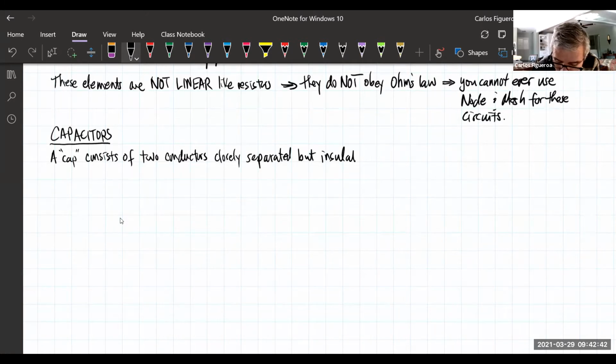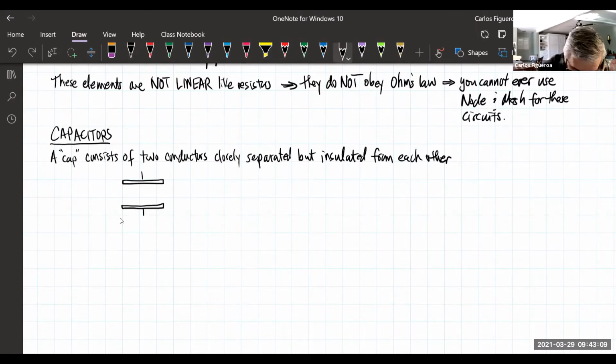So it consists of two conductors closely separated, but insulated from each other. A good picture of a capacitor would be to imagine that we have two plates. This is the simplest model.